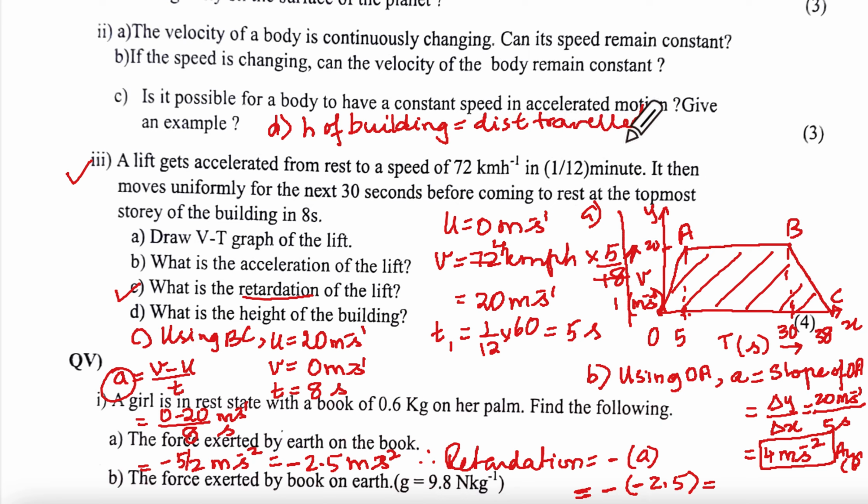For a velocity time graph, it is going to be the area of the figure between graph and x-axis. Which means that will be the area of the trapezium.